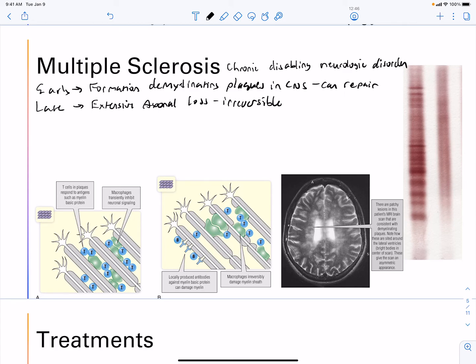And so this is going to be linked to location as well as infection. So if you live further from the equator, the incidence increases.